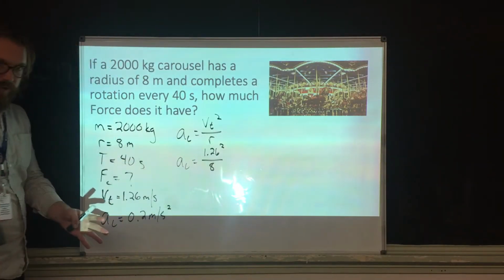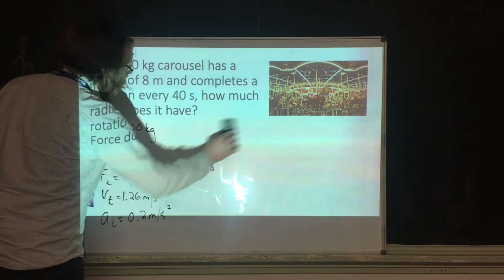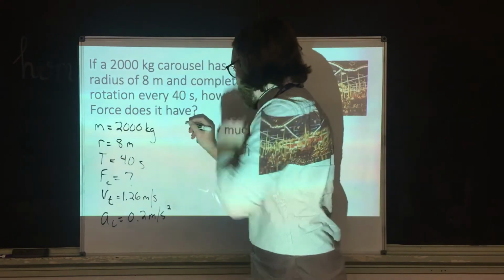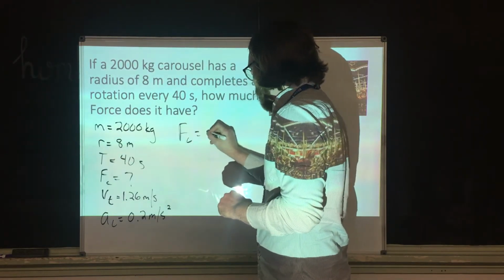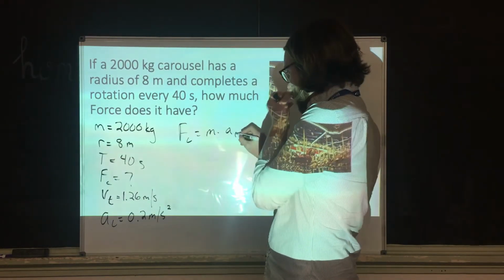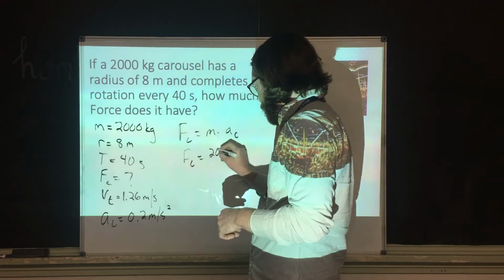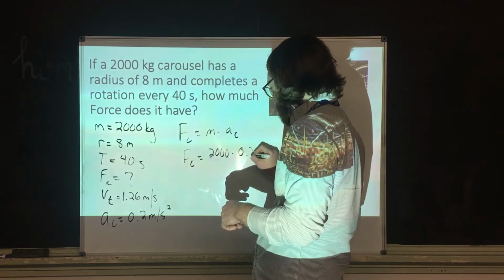This is why you keep a list. Okay, good. Now that we have the acceleration, the last bit is the easiest. To find the force, we just take the mass and multiply it by the acceleration. Our mass is 2,000, and our acceleration is 0.2.